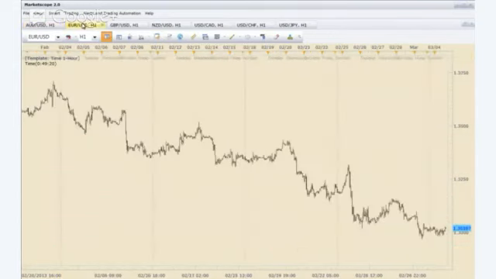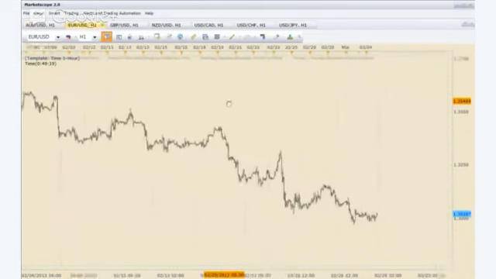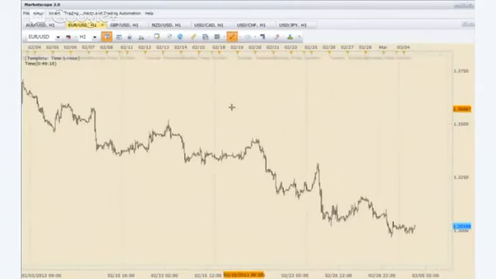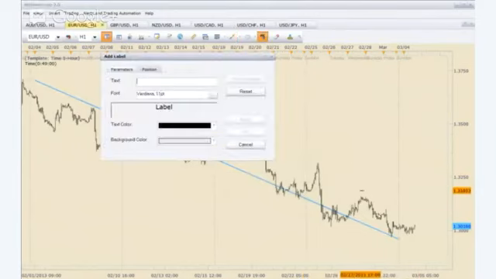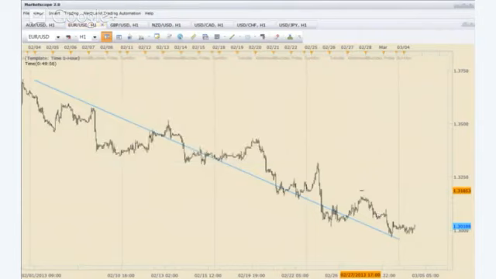Let's quickly go over into another pair, and I can see that with the euro, it is moving down, and the previous lower high is there. Draw that there like that.